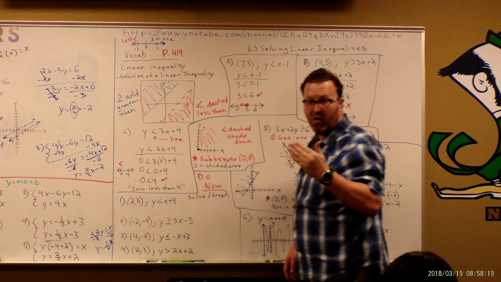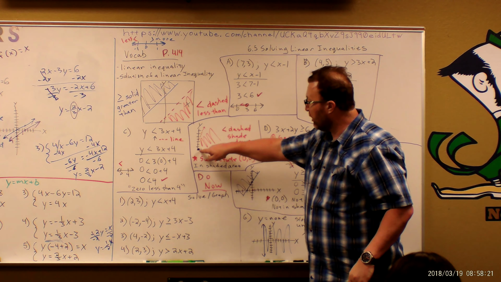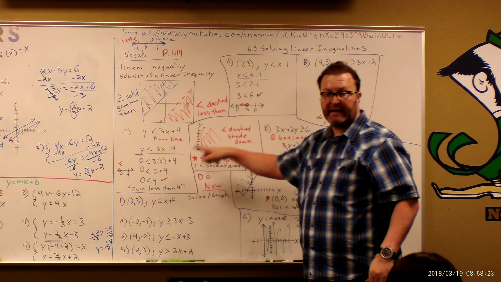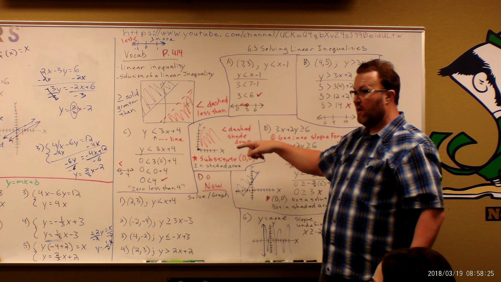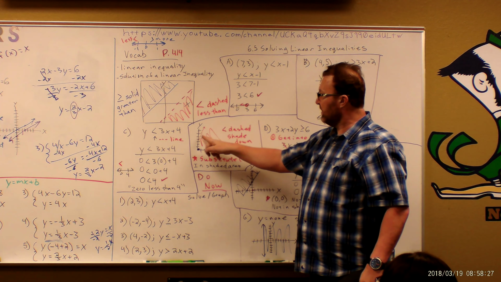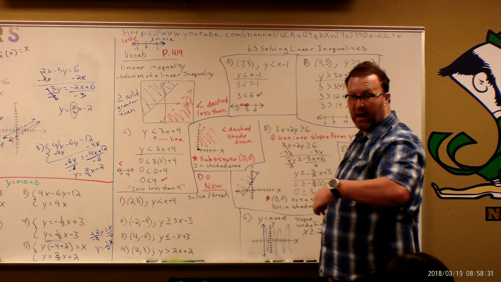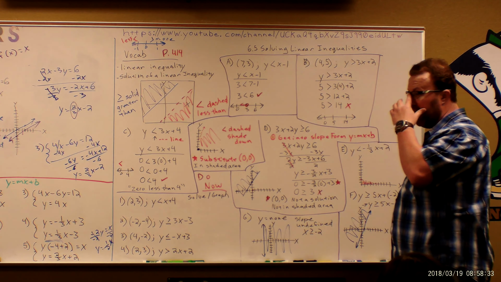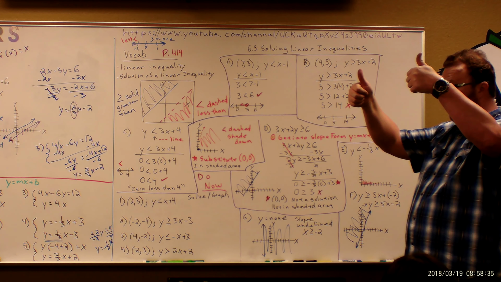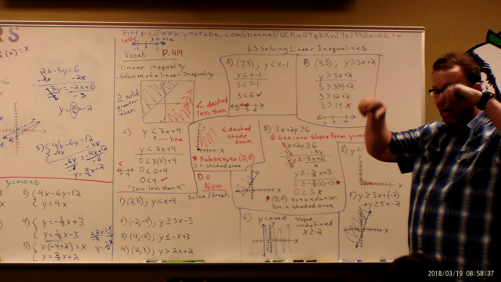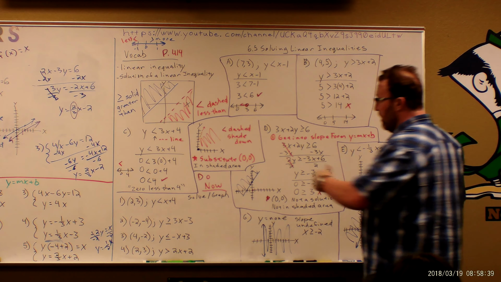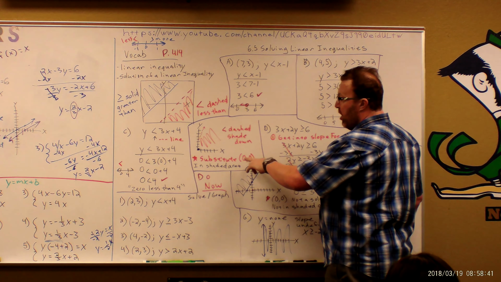So what we're trying to solve is that 0, 0 that we plugged in for here. Is it a solution? Daisy, stay with me. This line is shading down because it's less than, so less than always goes down. The way you can remember that is the graph is increasing going up, right? So going down would be less than. So we shade this area.